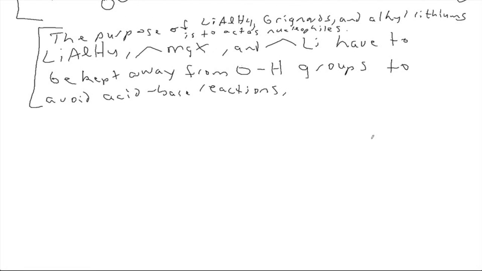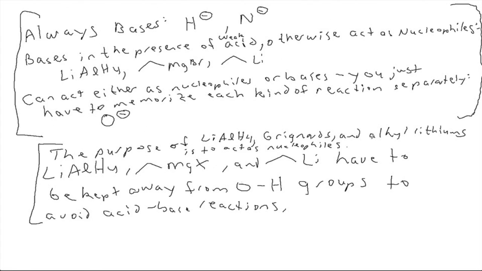So it looks like they would act as a base before they would act as a nucleophile, if there were any kind of acid there. Why didn't I put it that way? Yes, that's a good way of putting it. Yes, exactly. So there's two different roles that these reagents can play. What are the two different roles they can play?